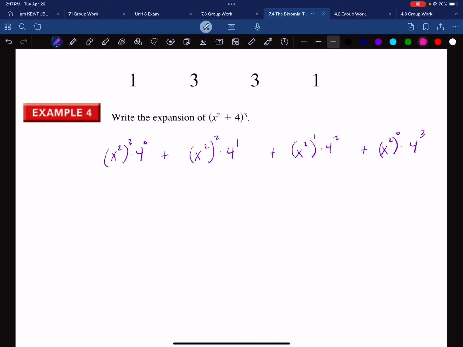And then we'll go ahead and add in our coefficients, which are based on that third row of Pascal's triangle.